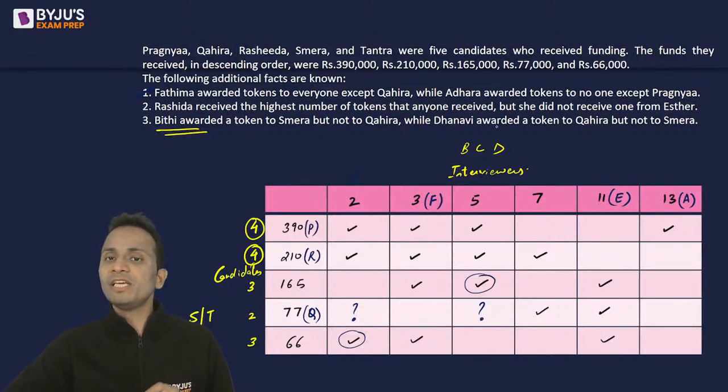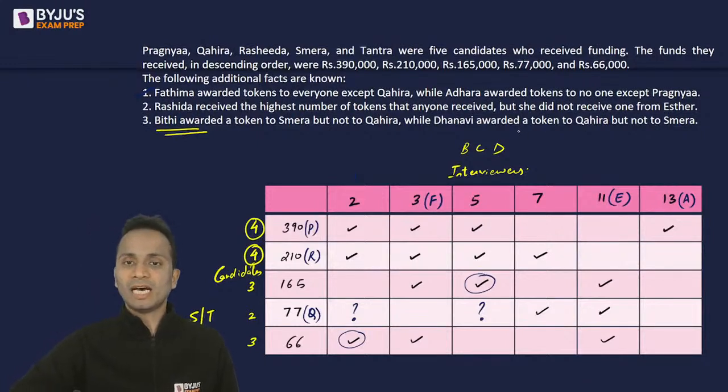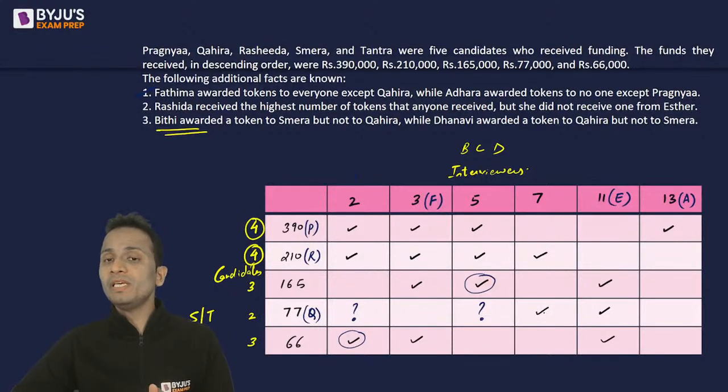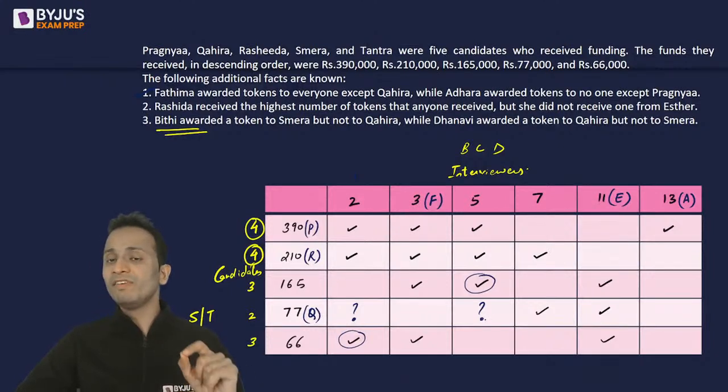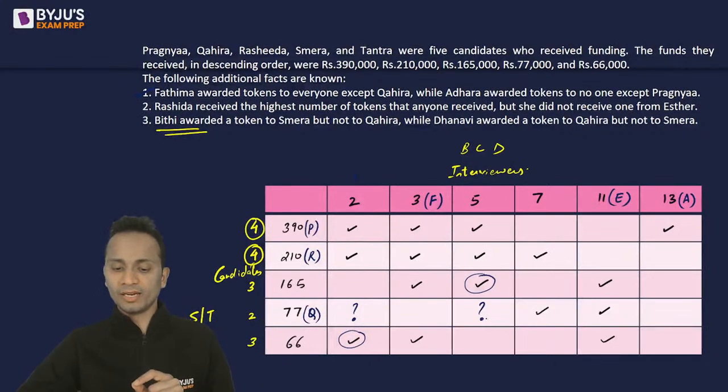While Dhanvi awarded a token to Kahira but not Samira. Dhanvi has given a token to Kahira. So Dhanvi can only be the person with token number 7. Dhanvi cannot be with token number 2 or token number 5 because Dhanvi has given a token to Kahira.